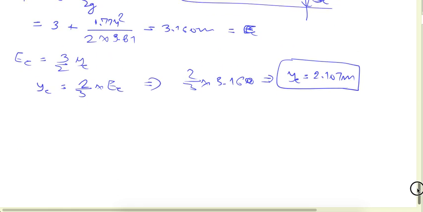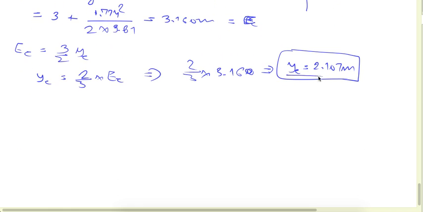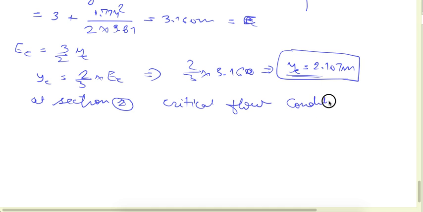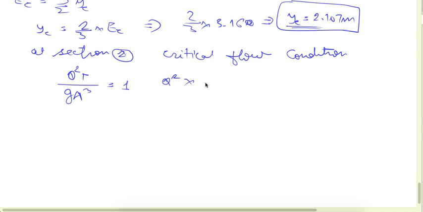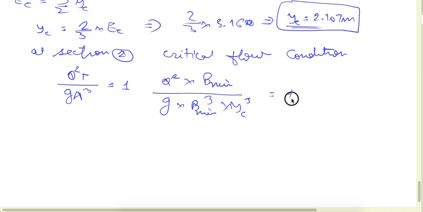And now we have to find out the width corresponding to this depth of flow. But again at section 2 it is a critical flow condition. So for critical flow we know that Q square T upon g A cube is equal to 1. And from here Q square into B minimum divided by g into B minimum cube into YC cube is equal to 1.